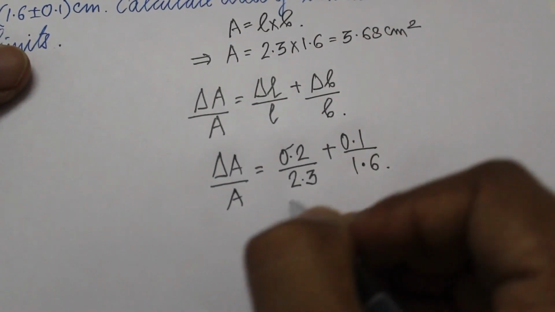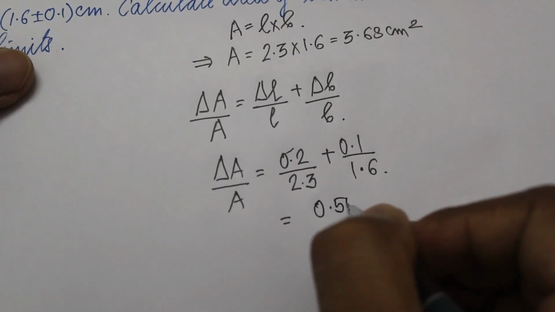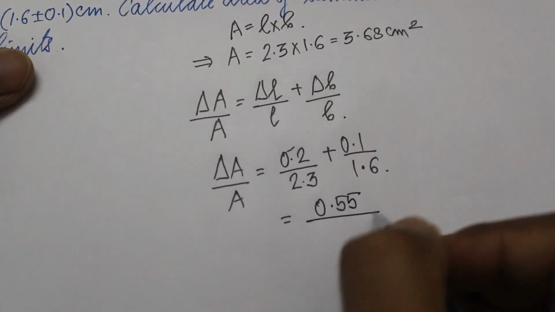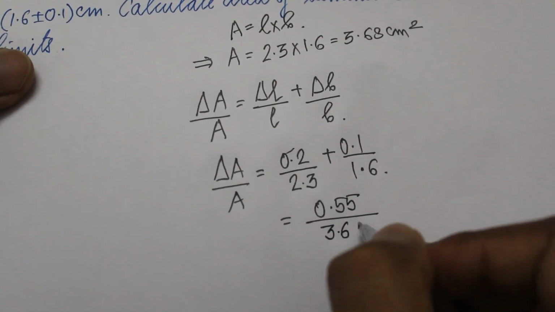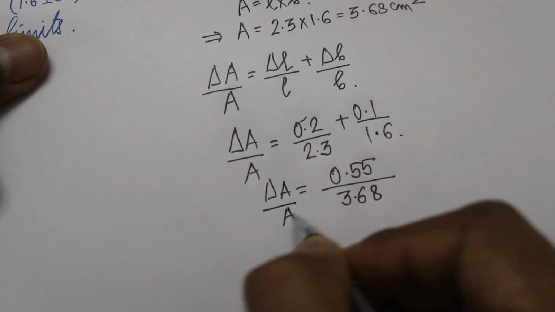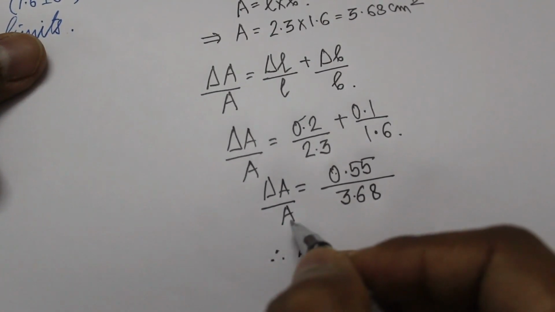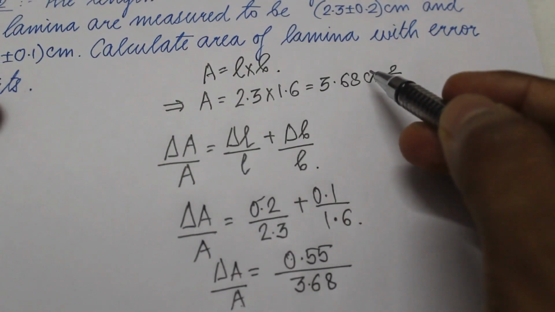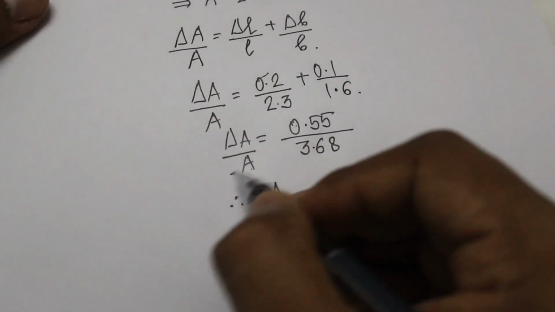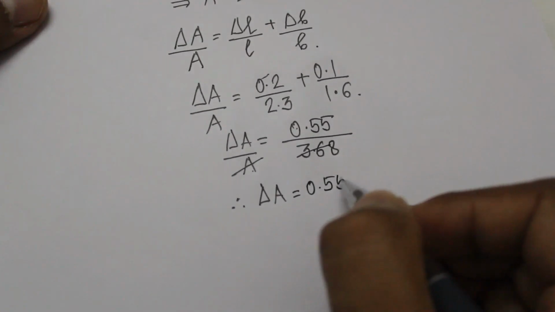It is equal to 0.55 upon 3.68. So delta A upon A will be equal to this. Therefore delta A will be equal to, area is 3.68 as we have already found out, so we'll cancel out and get delta A is equal to 0.55.